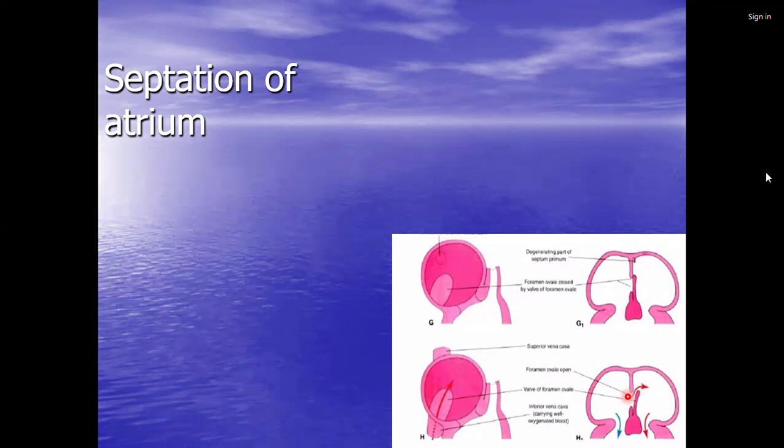And this fossa ovalis represents where the opening of the foramen ovale was. And the floor of the fossa ovalis is formed by the septum primum.